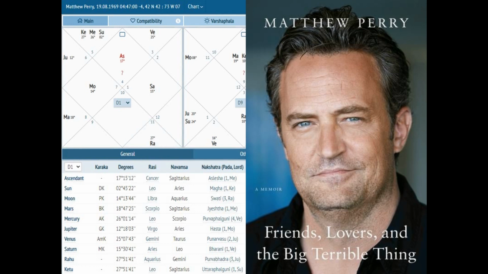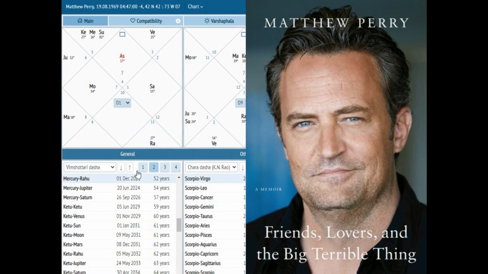You can see the periods that a person has. For example, you can see that from December of the 21st year, he has a Mercury-Rahu period. And what it means is it's turning on the house of speech and the house of his karma, his destiny that he needs to achieve.